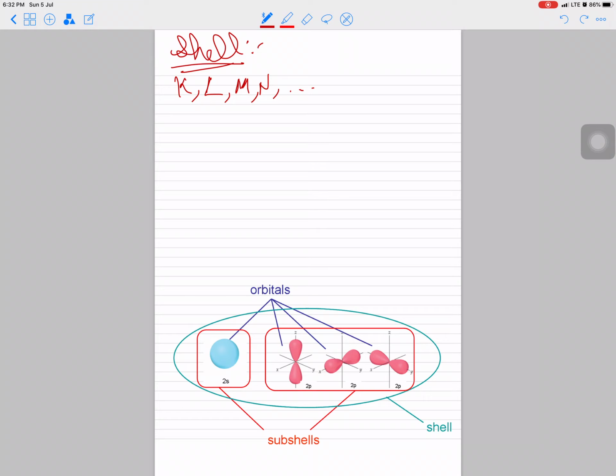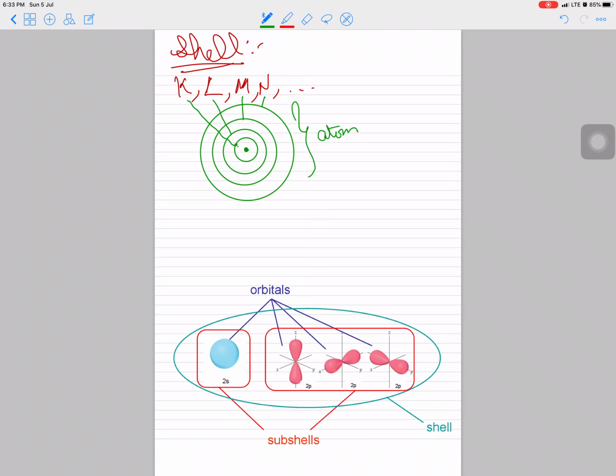Let's say this is the nucleus, and then you have the first shell, then the second, third, fourth, and so on. This shell right here is the first, this is the second, this is the third, this is the fourth. So this is what an atom looks like, and these are called shells.